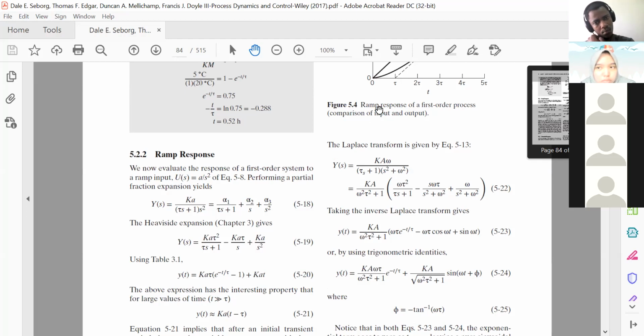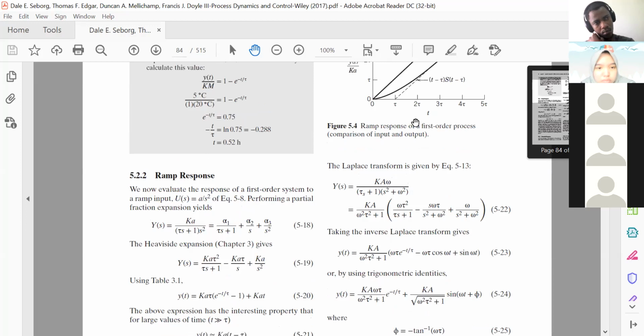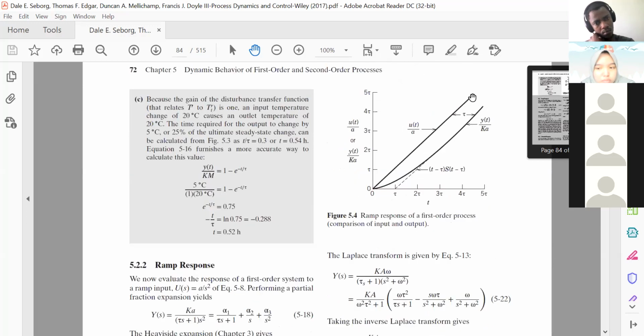When you draw the function, this is the input u(t) over A, and this is the output y(t) over K A. And we subtract these together, and this is going to be a parallel line.